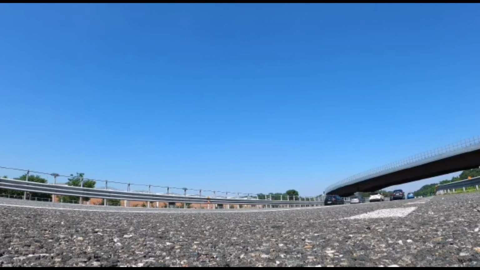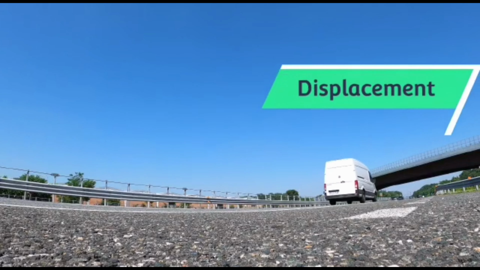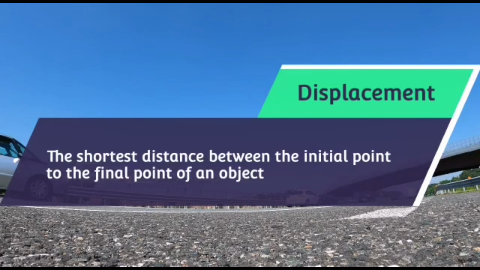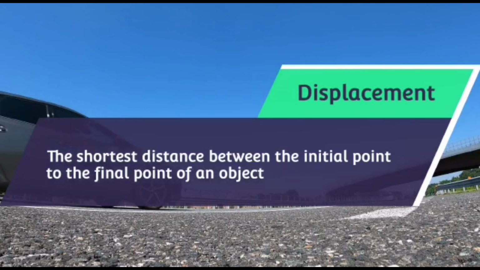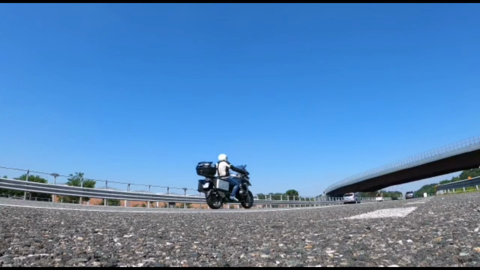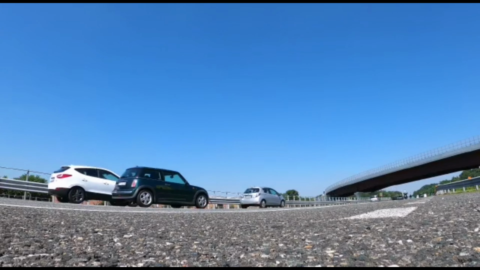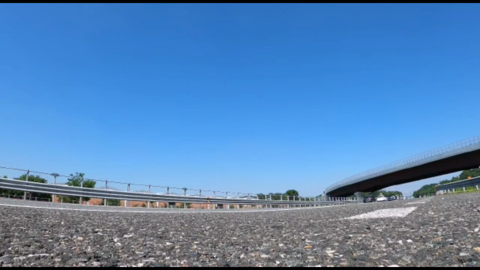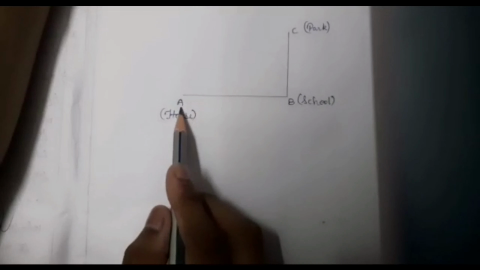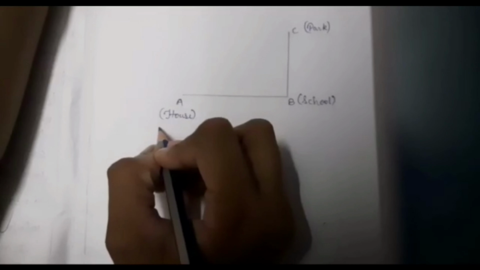What is displacement? Displacement is the shortest distance from the initial point to the final point of an object. Now, through an example, we will know about velocity in detail. Suppose point A is your house.